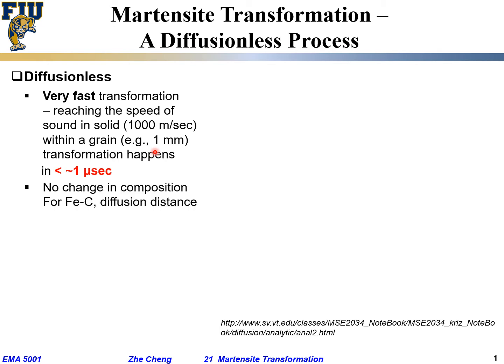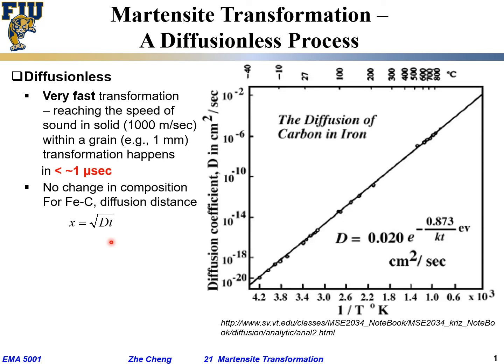If we think of the time scale, that would not allow a change in composition, because the diffusion length, the square root of Dt, D for diffusion coefficient, t for time, is our typical diffusion length. It's very, very short.